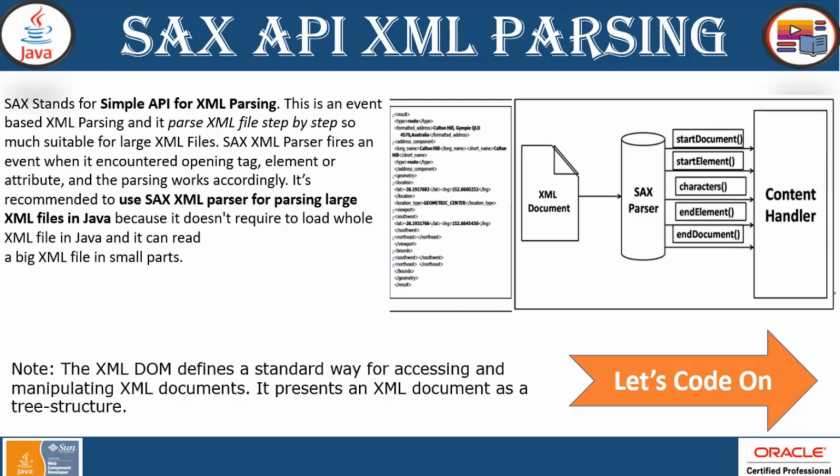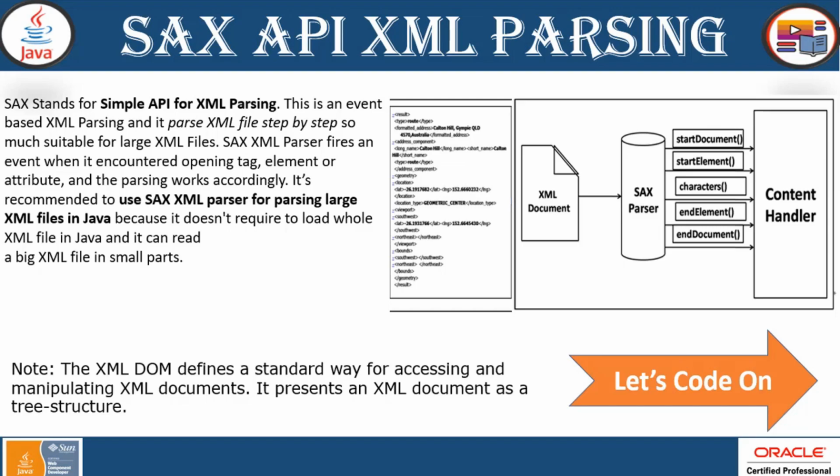So this is in a step-by-step form. This is more organized and easy to handle with the large size of an XML. If you have a large amount of data in an XML in tag form, this is the best API to use to parse it.